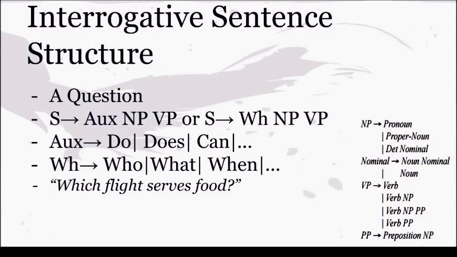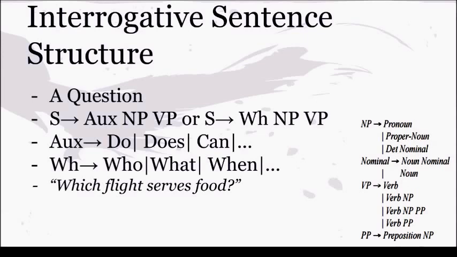The last sentence structure is called interrogative. This is basically a question. In this case, interrogative sentences will either be Aux NP VP or WH NP VP. Aux is any sentence that starts with words such as do, does, can, and WH is used for sentences that start with who, what, when, where, and why.